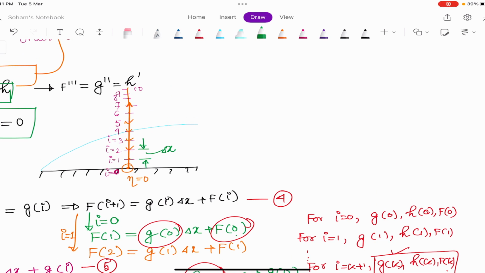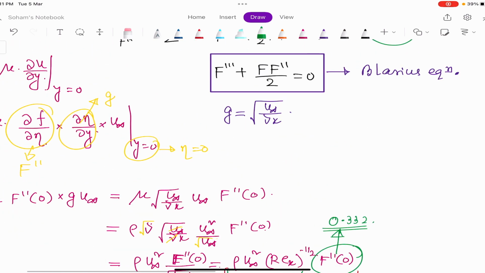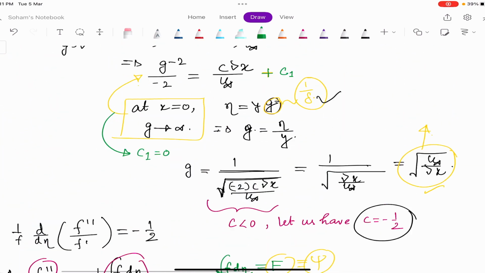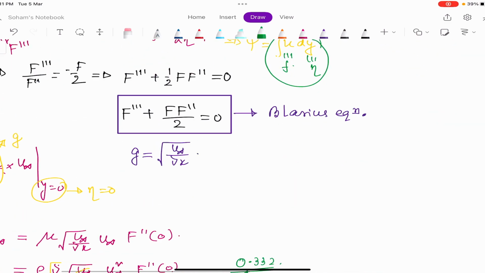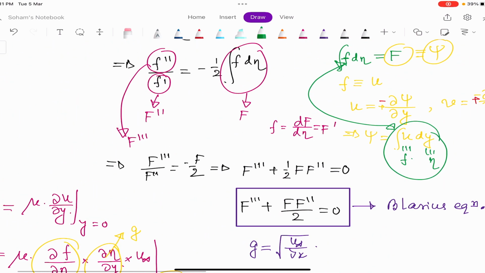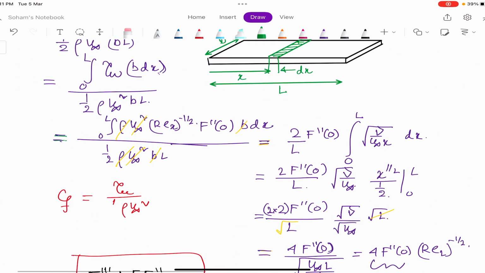What conditions were we having? Have I written the boundary conditions here? Maybe not, or I don't remember if I have written that earlier, so let me write it now.